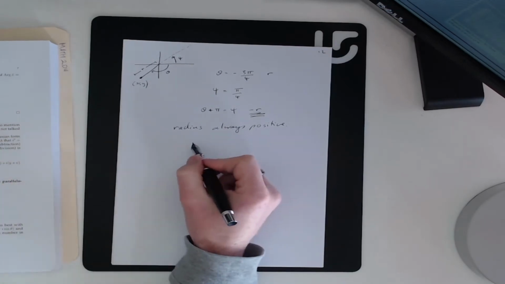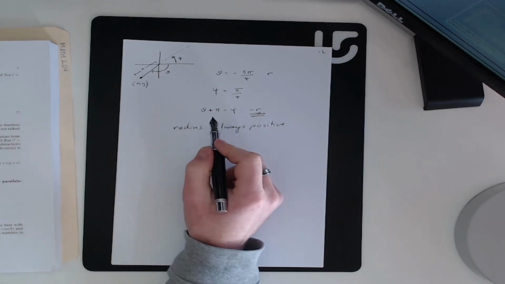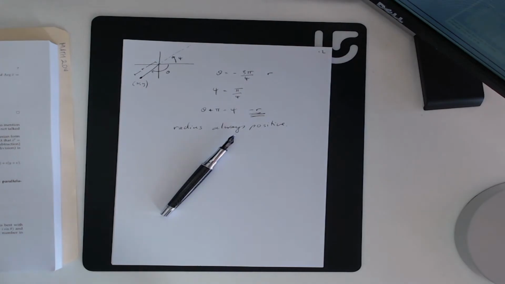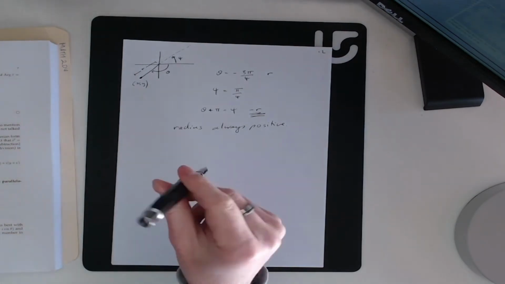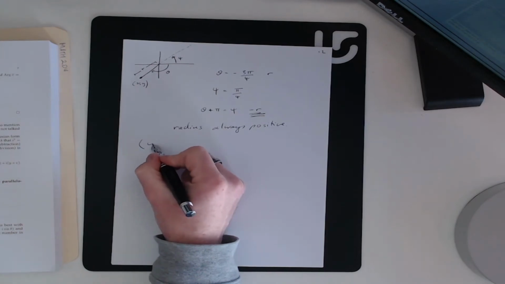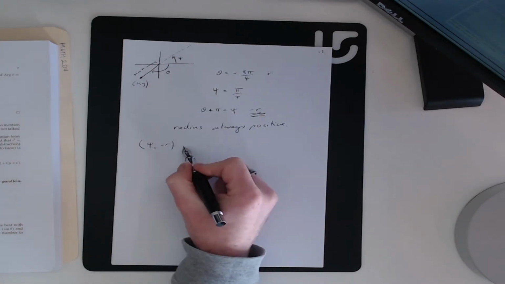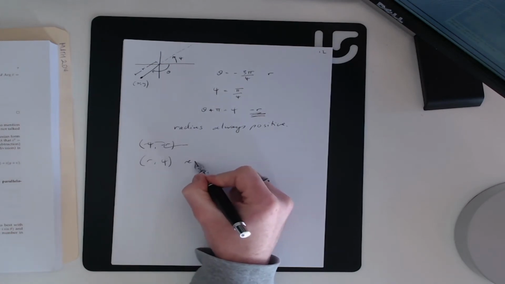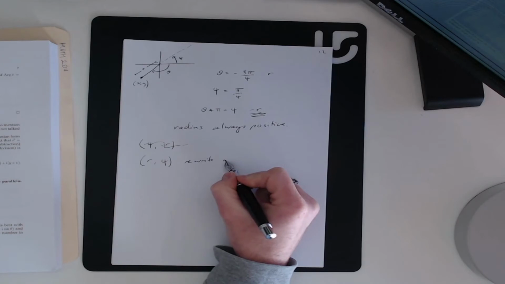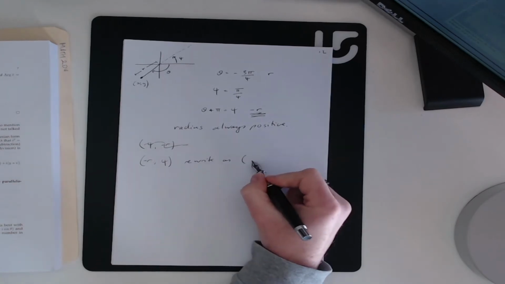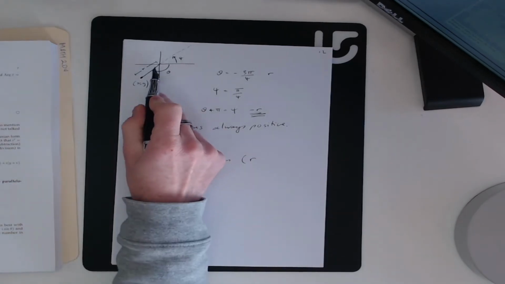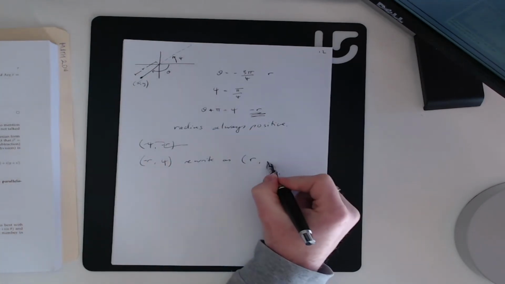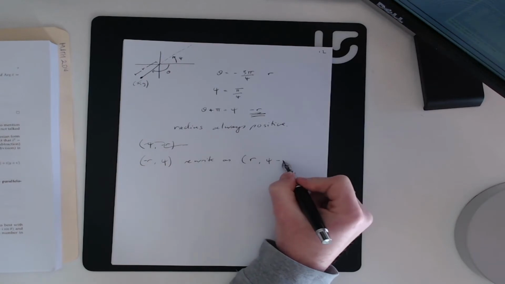If you end up in the situation where you have a negative radius, then it can be fixed in a way that I've indicated here. If you have an angle phi and minus r, you can rewrite it as, so minus r because we're traveling backwards, positive r and phi minus pi.